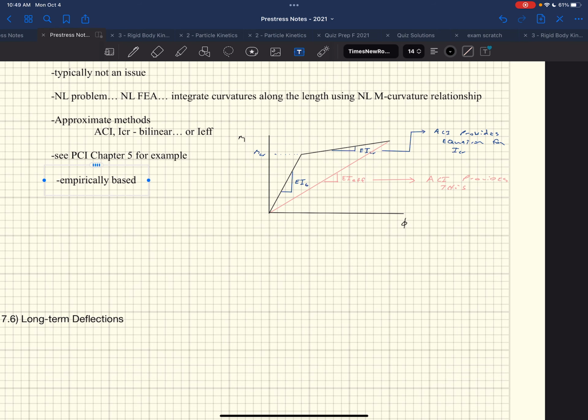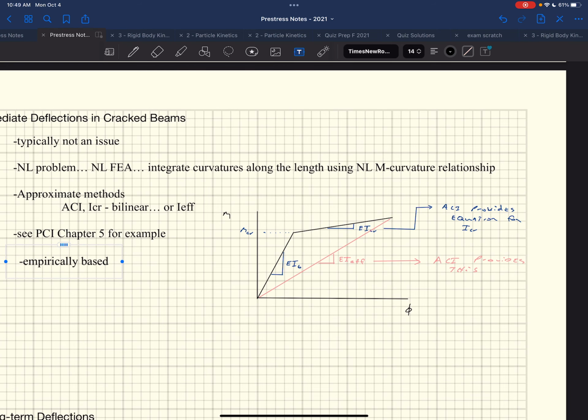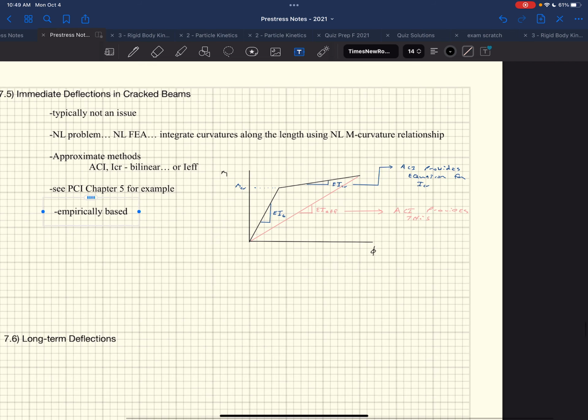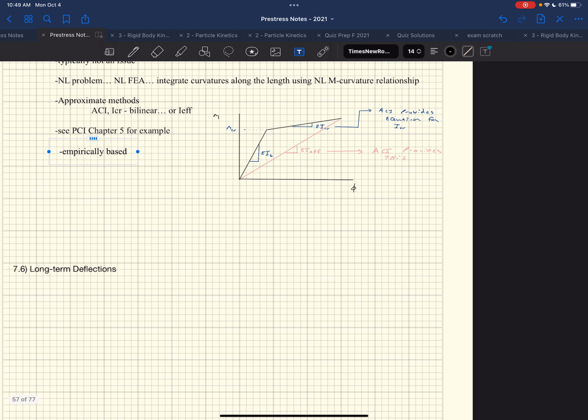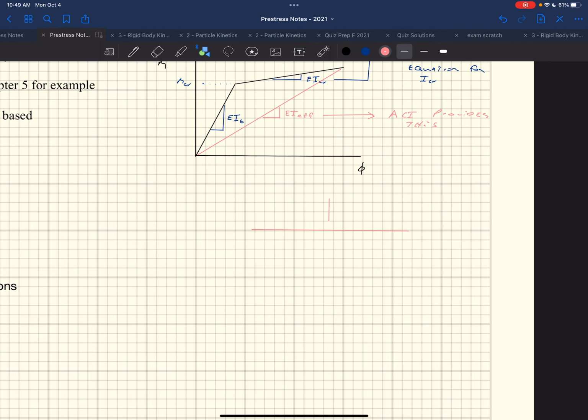This isn't right, by the way. So what it does, if you think about a simply supported beam, the moment diagram, obviously, it's going to go like this, right? It's maximum near the middle, but then not as much. This assumes the whole beam is cracked.